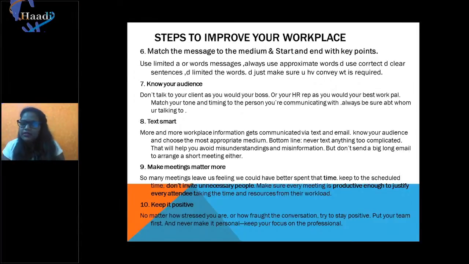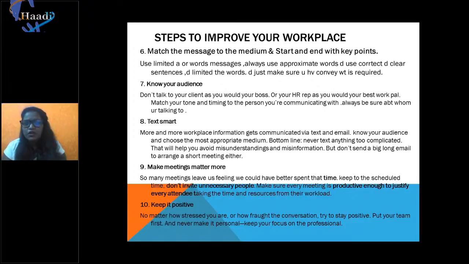And the last one can be followed in your personal or your professional life as well. Keep it positive. Whatever stress it might be, don't ever show it to the person opposite you. So stay positive and put your team first. Don't talk about personal matters. When you start talking about personal matters, your professional or personal life goes for a toss. When we talk professionally, we have to convey exactly what it is.